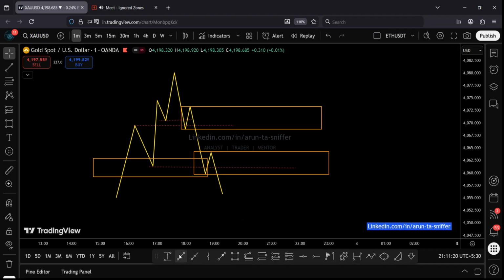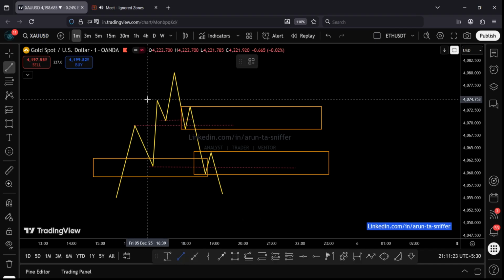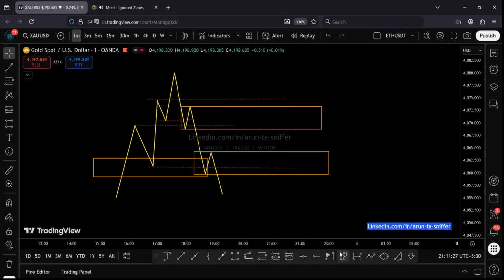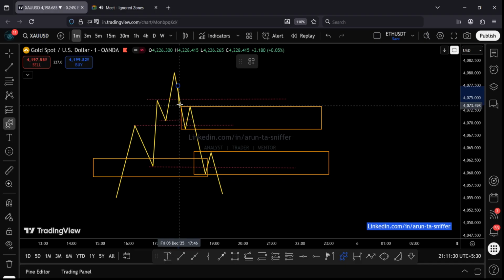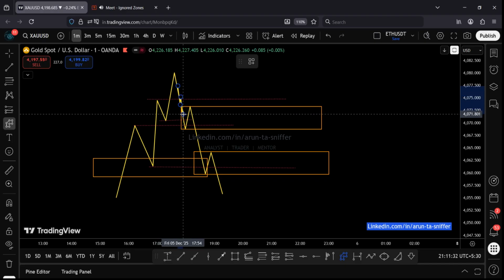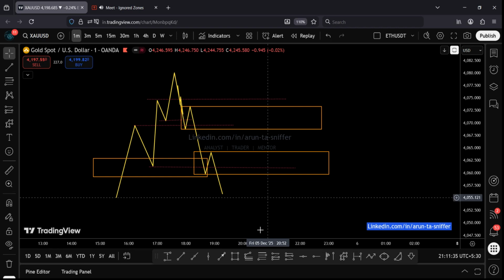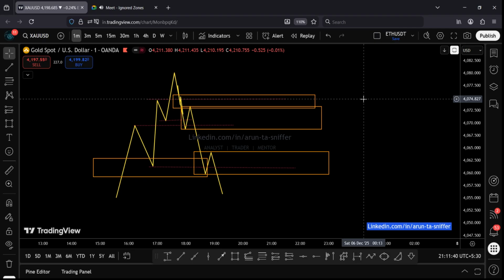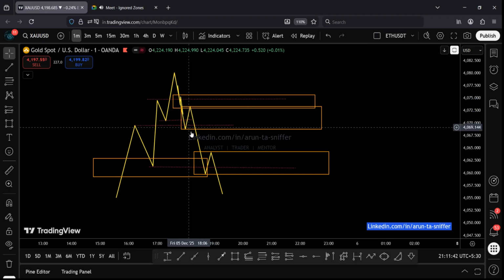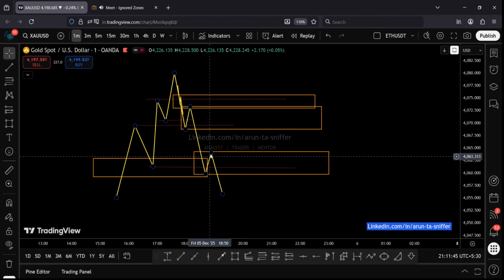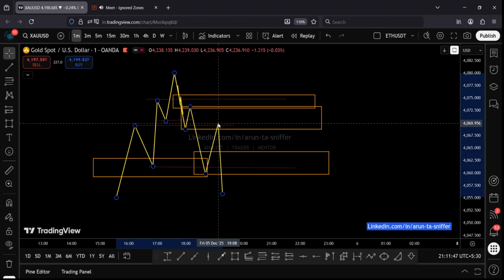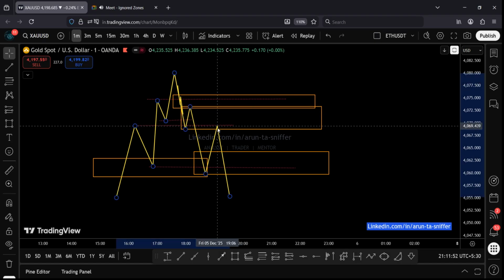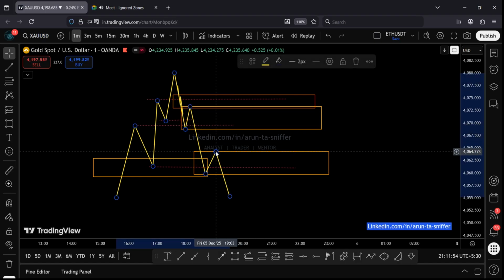Here we have a kink, and a kink was created here, and price is reacting from this kink. This is our swap FL area. When price hit this FL, price should go back and hit this FL and then come down. But what happened here, price did not reach this FL and just fell down like this.